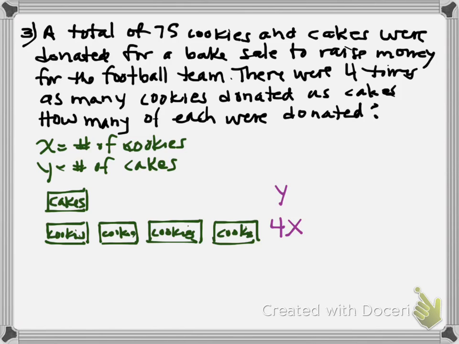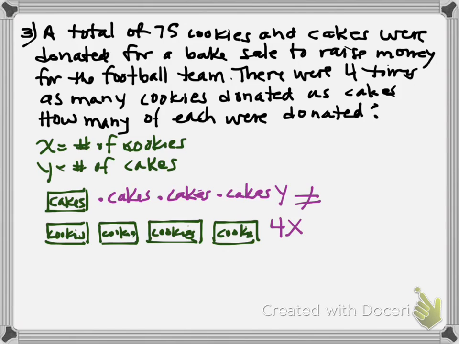That it took the 4 of these to get to the same, for them to match. These don't equal each other, right? They're not the same. It would take me 4 of these to get them to match up, okay?